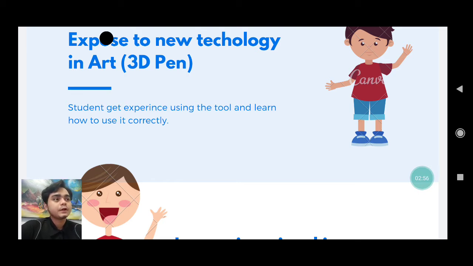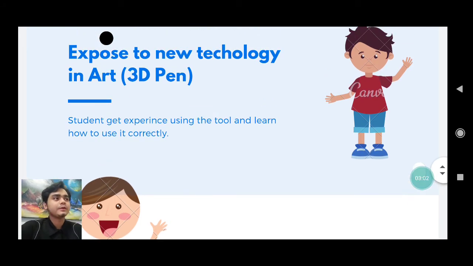Because in this era, students mostly like technology. They are not attracted and have no interest in traditional media. Some of them really like traditional media, but most, nowadays, like technology. So the art teacher must introduce them to technology art tools.